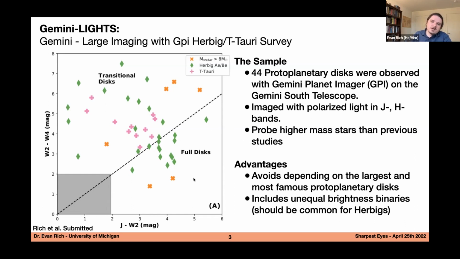Another way that we chose to select our sample was with a color diagram. So this is WISE2 minus WISE4 in the infrared, and J band minus WISE2 on the x-axis. By using these colors, we can probe the broad SED shape of our objects. So for example, down here will be your full disks, where it's going to have a continuous SED shape. And as you go upwards, you're going to start to have gaps and holes in your disks, going up to transitional disks.